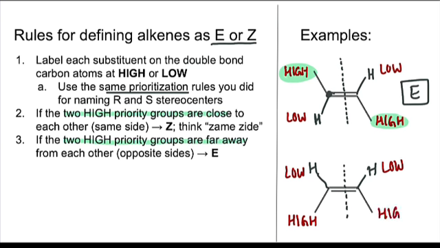And over here, low priority, high priority. What we're noticing is that the high priority groups this time are on the same side of the double bond. They're near each other. And so that's why we're going to designate this as a Z alkene.